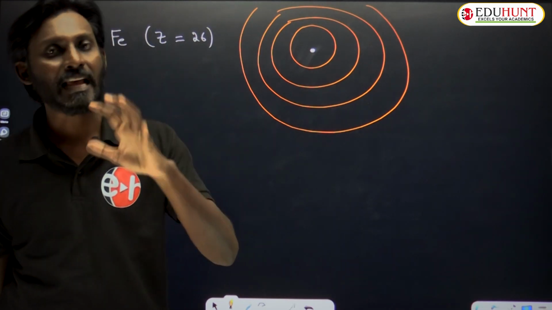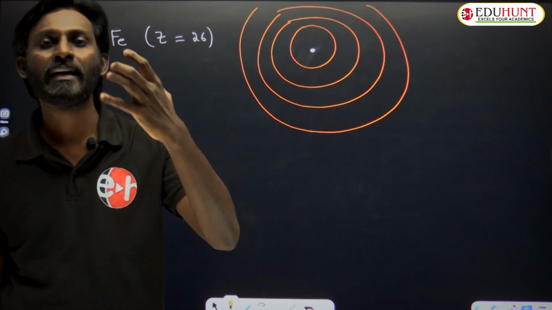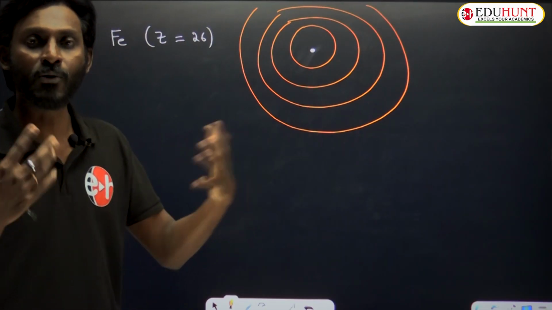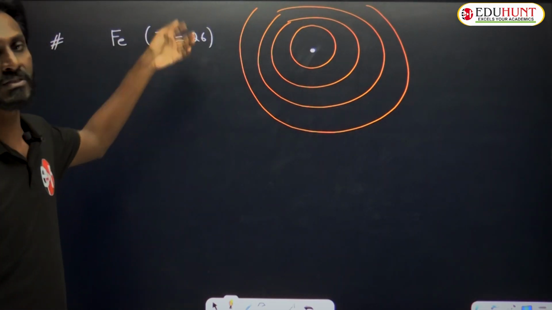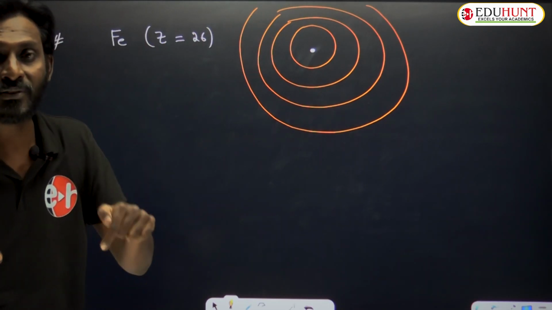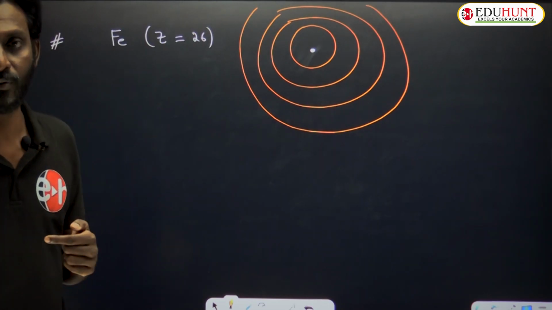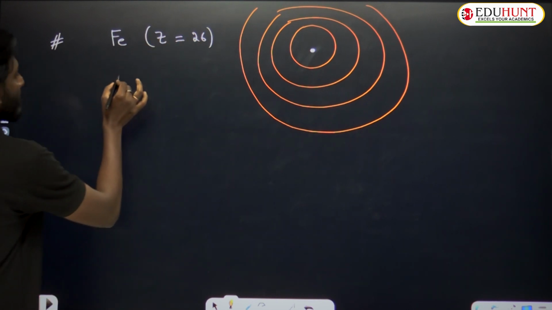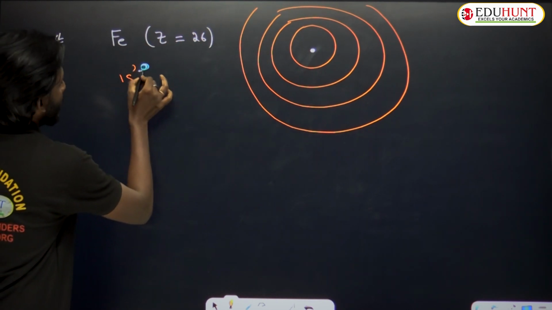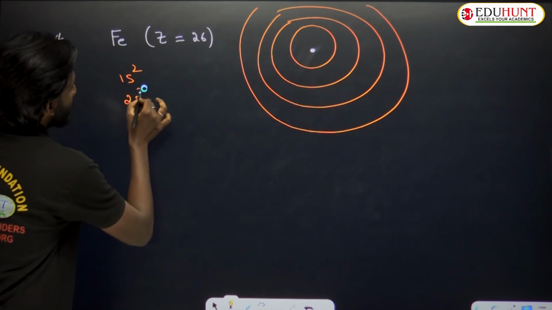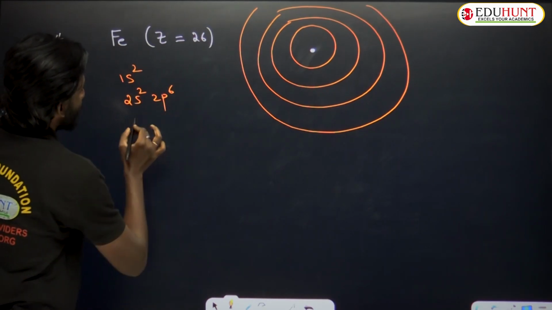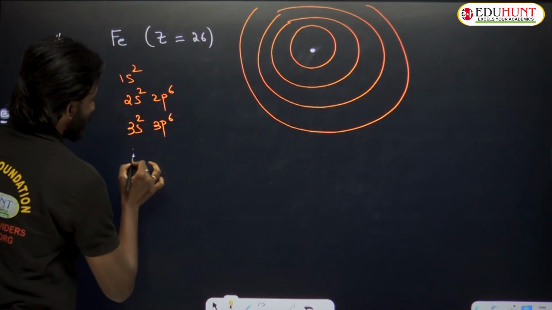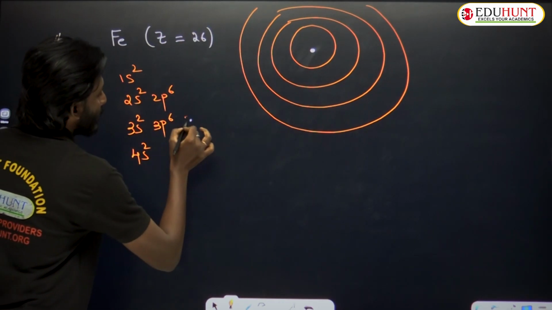Okay, in the upcoming classes, when you learn the complete periodic table chapter, you are going to learn how to arrange the number of electrons in an atom. But now I am going to write it for you. I am going to write how to arrange these 26 electrons. You may not know this, no problem. 1s2, 2s2, 2p6, 3s2, 3p6, 4s2, 3d6.